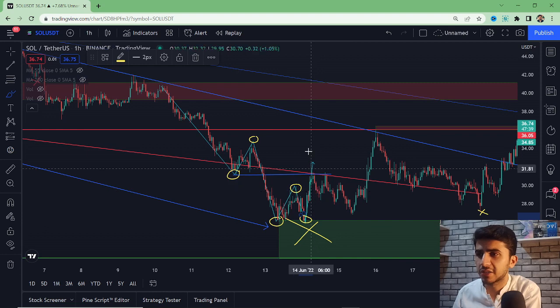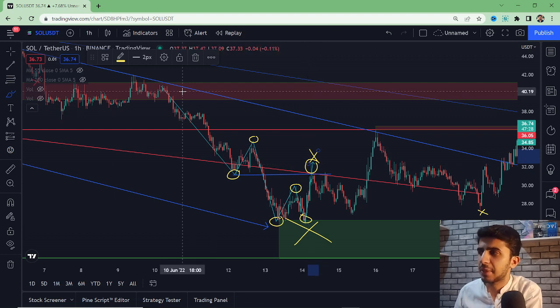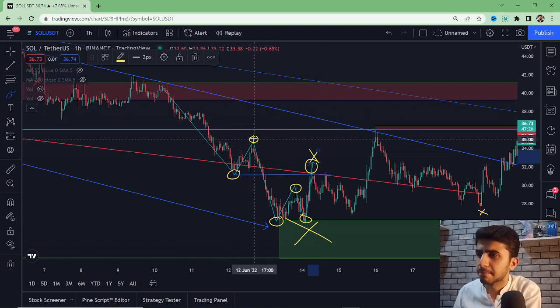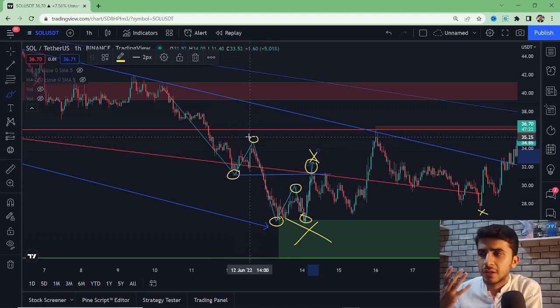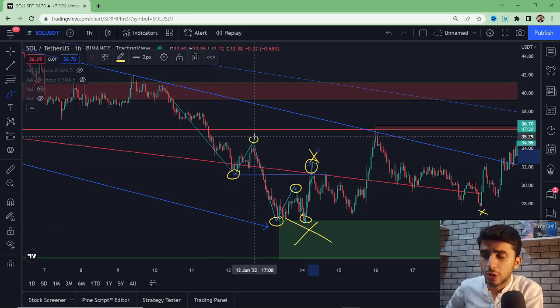It pumped the price to this place. At the point they pumped the price to this place, this is where the institutions got into loss. They were continuously creating these lower lows and higher lows.